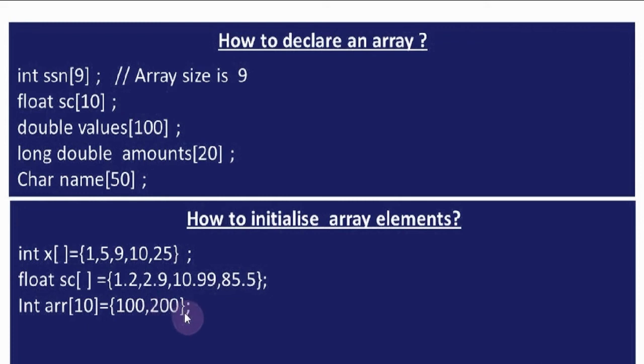What about the rest of the 8 elements? All the rest of the 8 elements will be initialized with zeros. That means arr[2] would have the value 0, arr[3] would have the value 0, till arr[9]. Only arr[0] will be 100, and arr[1] will be 200.